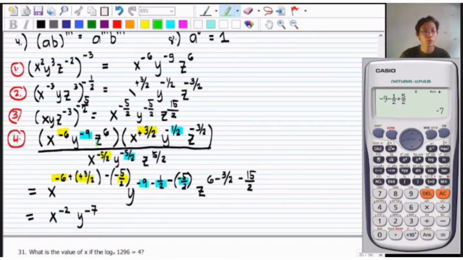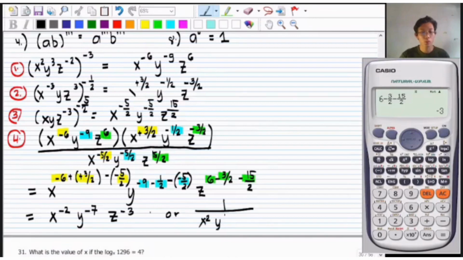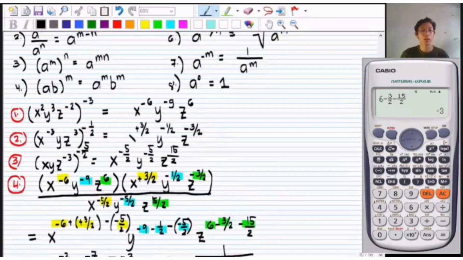Tapos yung z naman siya. So z is equal to 6 minus 3/2 minus 15 over 2. Negative 3. Or this can be equal to 1 over x raised to 2, y raised to 7, z cubed. So that will be your final answer.